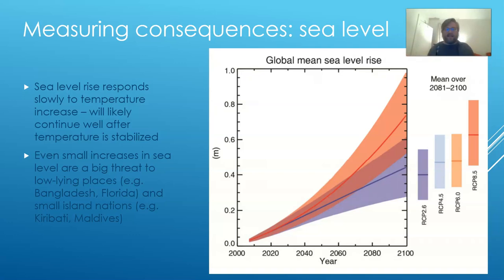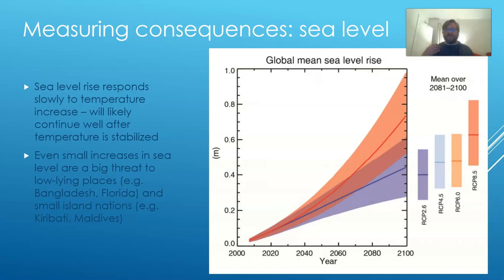Is that a big deal, right? Less than a meter of sea level rise? Well, that actually is a big deal for many very low-lying coastal places. So places like Florida or Bangladesh that are very close to sea level already, less than a meter of sea level rise can cause serious problems for everybody that lives along the coast and at very low elevations.